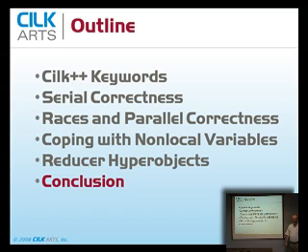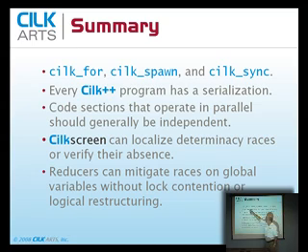So just to conclude at this point, a brief summary. There are three keywords that you have to know. When you #define spawn and sync to null and cilk_for to be for, you have a serialization, and every Cilk++ program has a serialization.